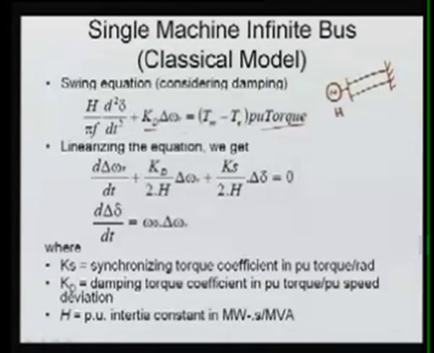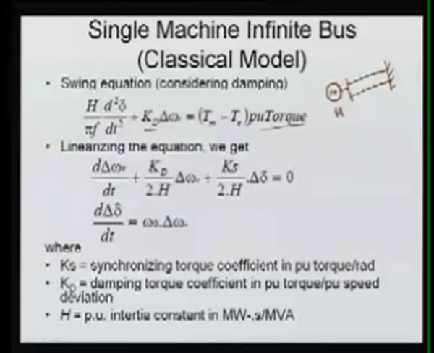It is in per unit that we have written this, but if we write in actual quantities, it is different. Then we can linearize this equation. We have represented these two equations as x, where x is nothing but the variables x1 and x2.